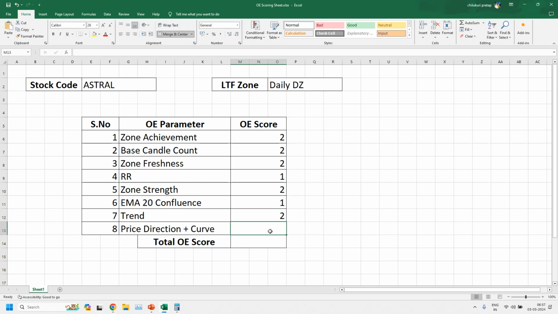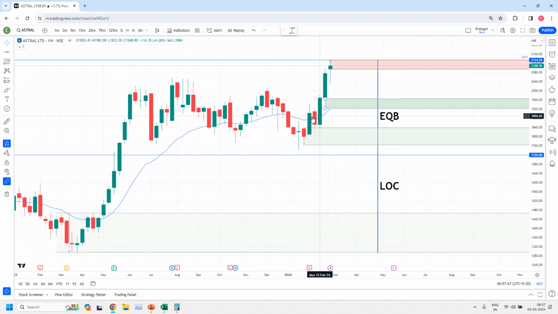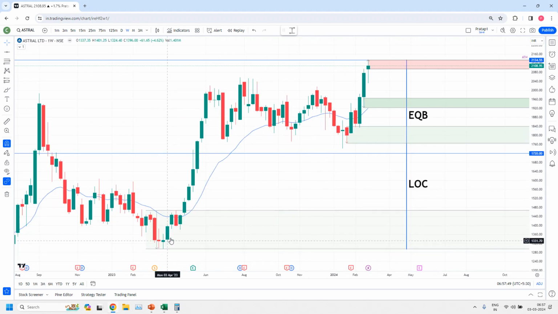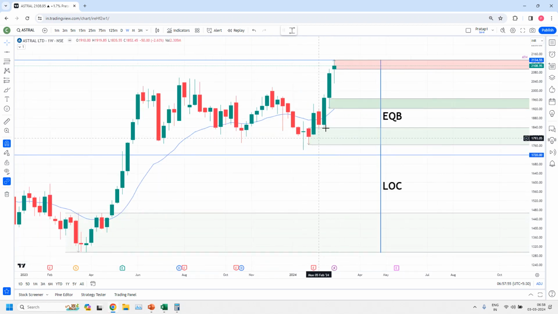And the last one is price direction plus curve. So this is what we discussed today. Here, monthly price direction is from the monthly demand zone to all-time high. Weekly price direction is from the weekly demand zone to all-time high. What is the meaning of all-time high?